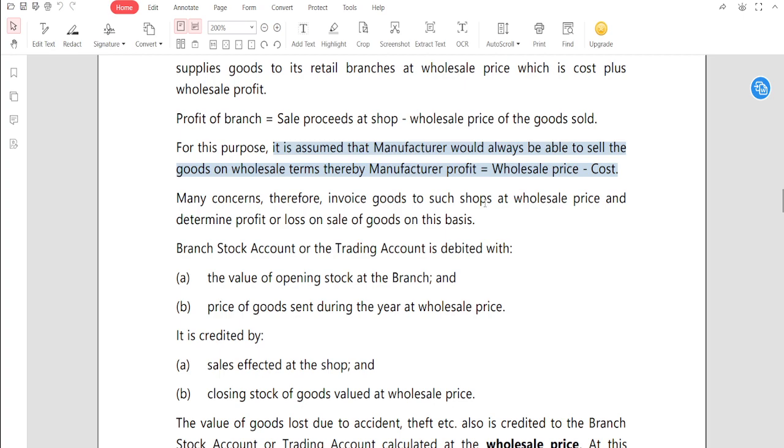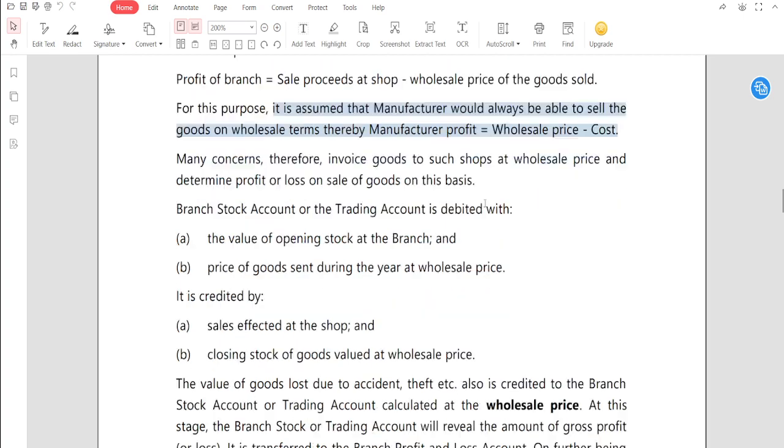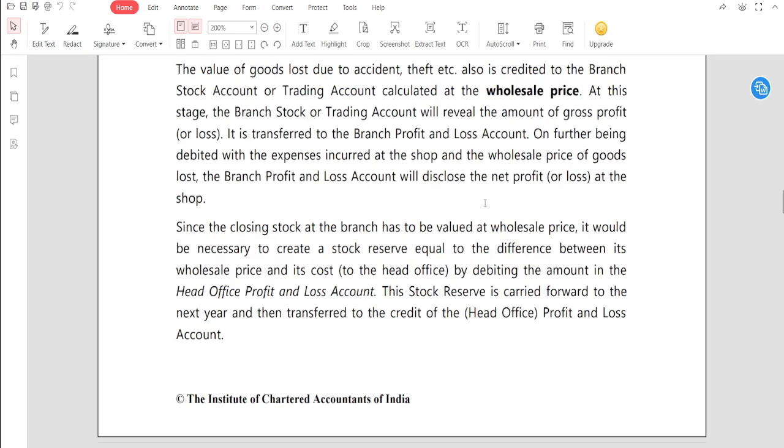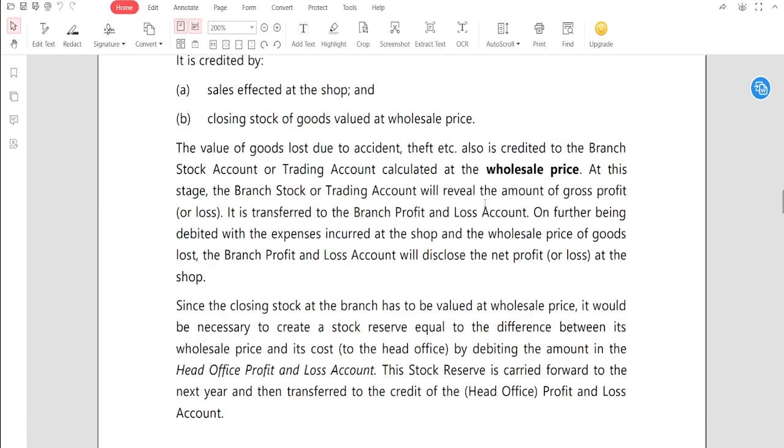So now let's look at this and try to recapitulate and understand. Okay, there is a lot written here. We can go through it. See, from the branch stock reserve account, we can easily calculate the wholesale, like let's say the HOPL account. The profit should be transferred to the HOPL account. And from branch PNL we can easily transfer the net profit, which will be transferred to the HOPL. So it's pretty simple.